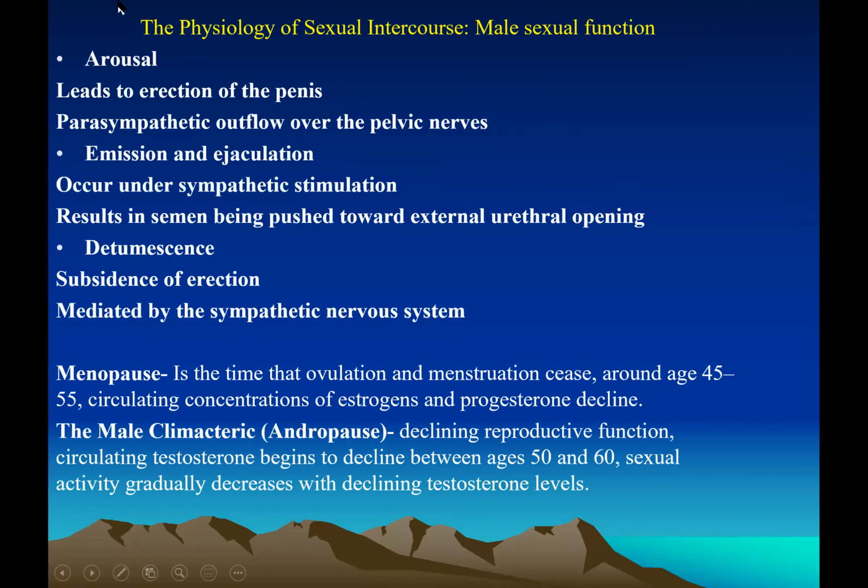It all starts with arousal, which is under parasympathetic control. We've already studied this. The man has to be in a calm state in order to have an erection of the penis, so it's under the parasympathetic nervous system. But when erection, emission, and ejaculation need to happen, that is sympathetic stimulation.